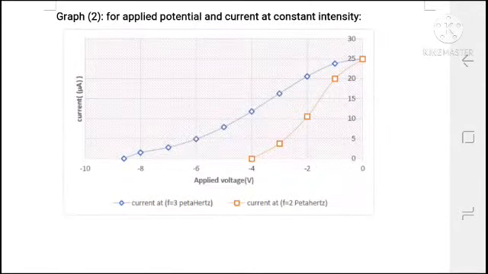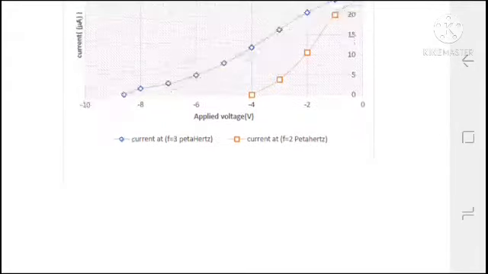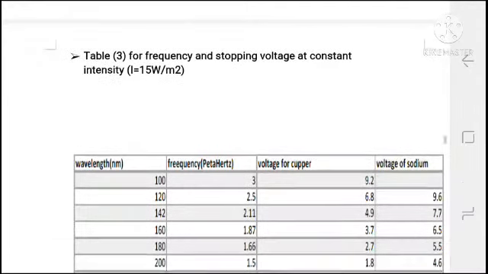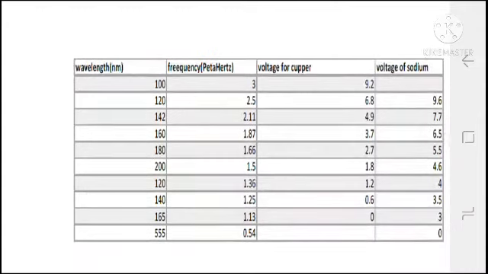We get the graph like this. Observation table 3 is for frequency and stopping potential at a constant intensity. Here we get the data table like this.